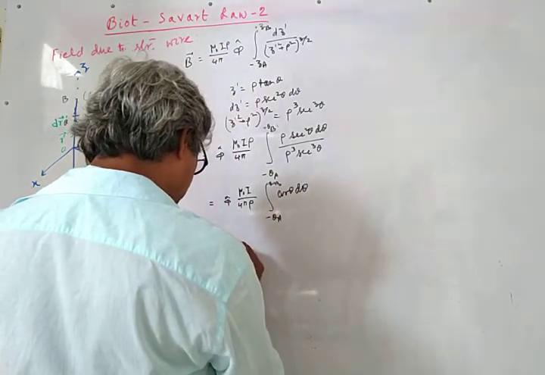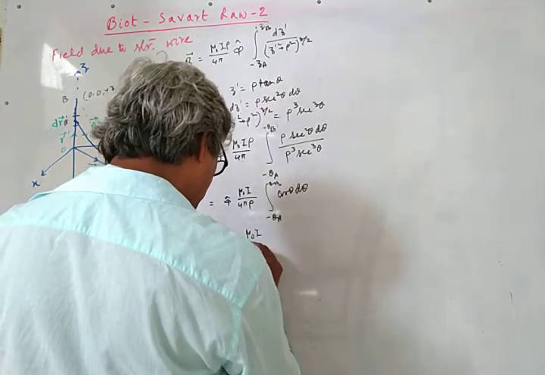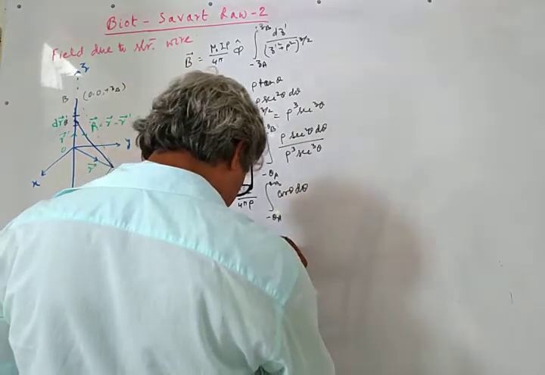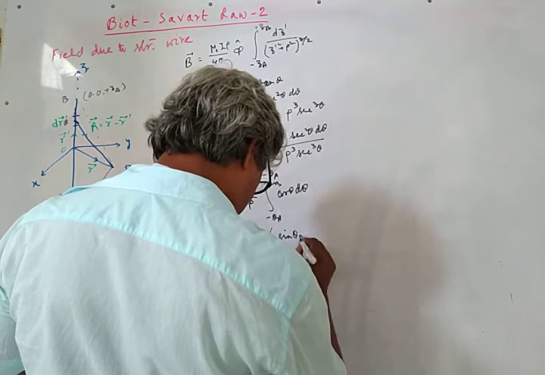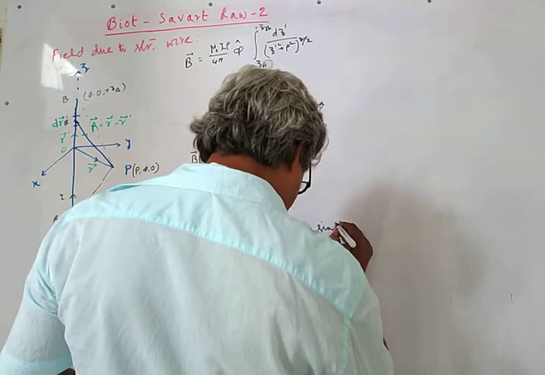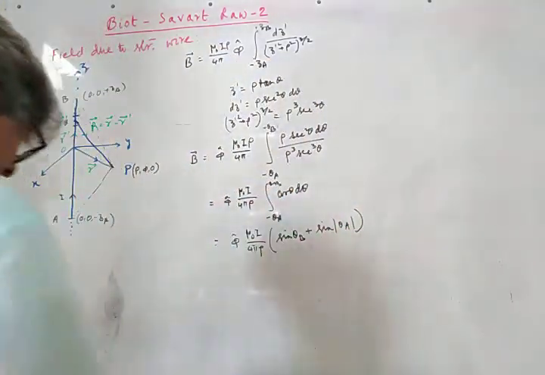So the result is phi cap mu 0 I by 4 pi rho. The upper limit is sin theta b, and this is sine of mod theta a. This is the field.